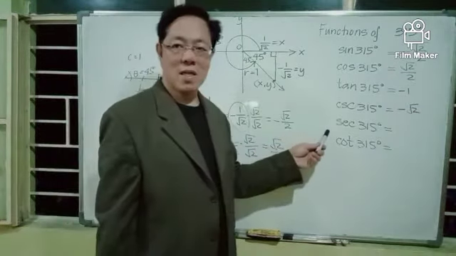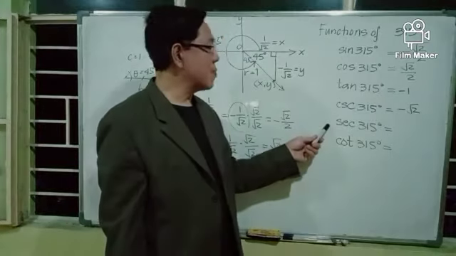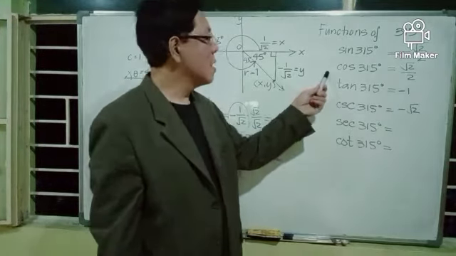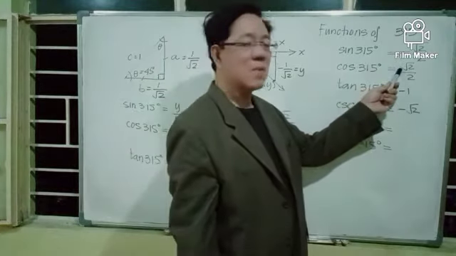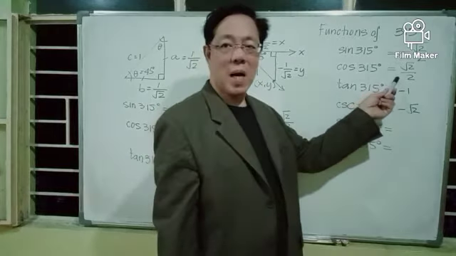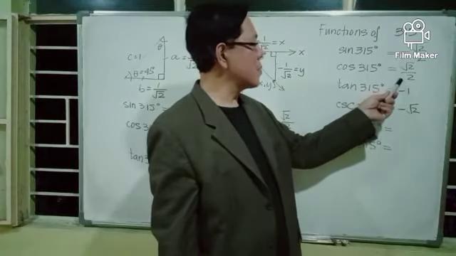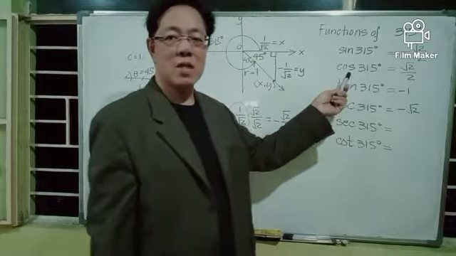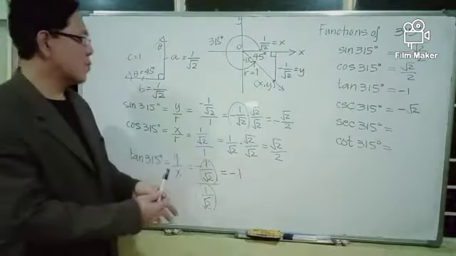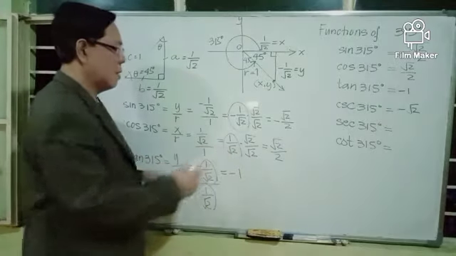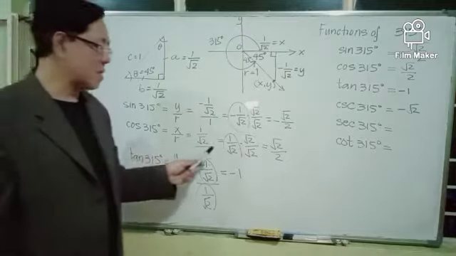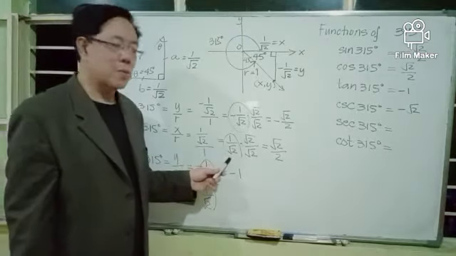The value of the secant of 315 degrees is the reciprocal of the value of cosine of 315 degrees, whose value is positive square root of 2 over 2. But this value of square root of 2 over 2 for cosine of 315 degrees came from the original answer of 1 over square root of 2.